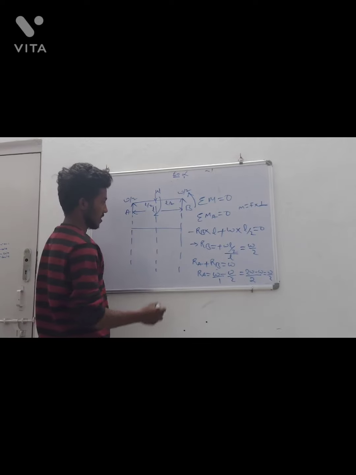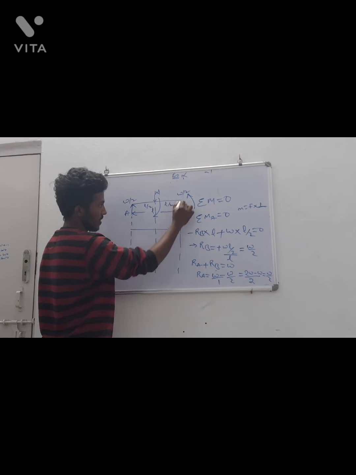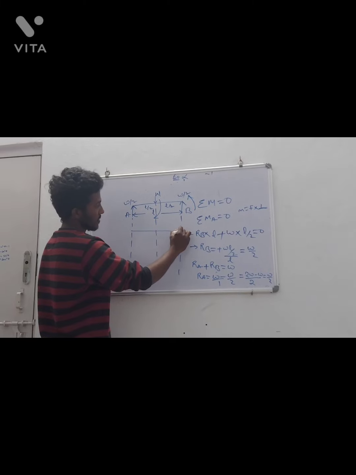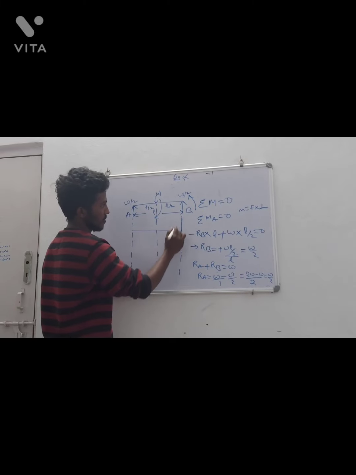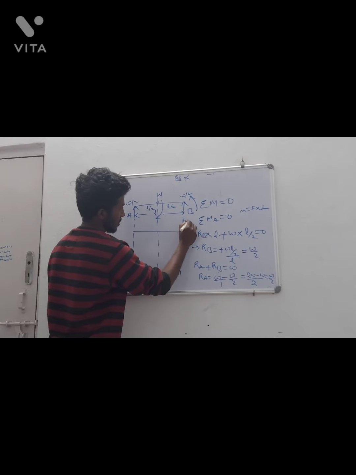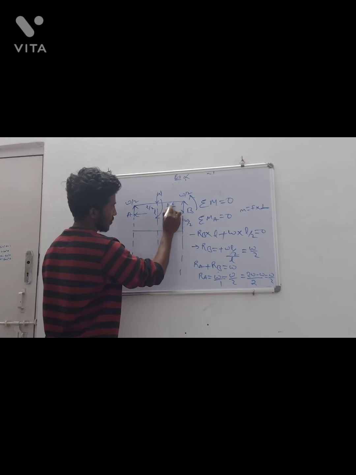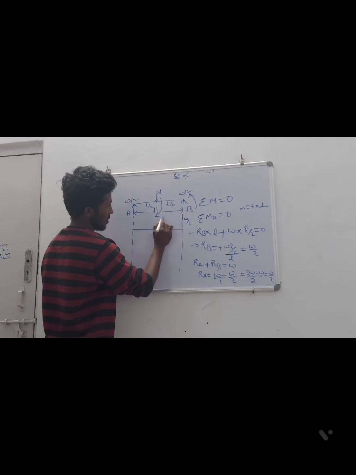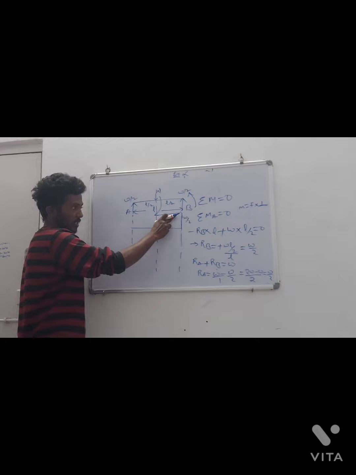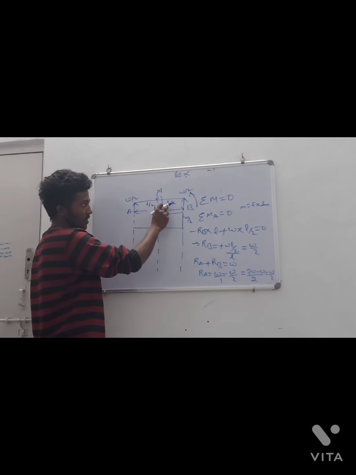Now draw the shear force diagram. Here I am taking the upward force as positive. So the RB value is W by 2, and this is the value of W by 2. There is no force in this section, so the line should be straight because no force is acting.